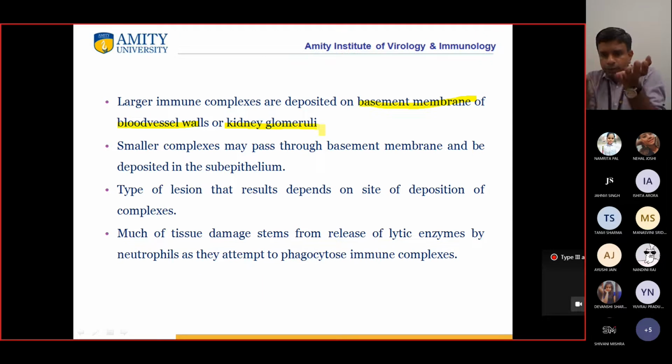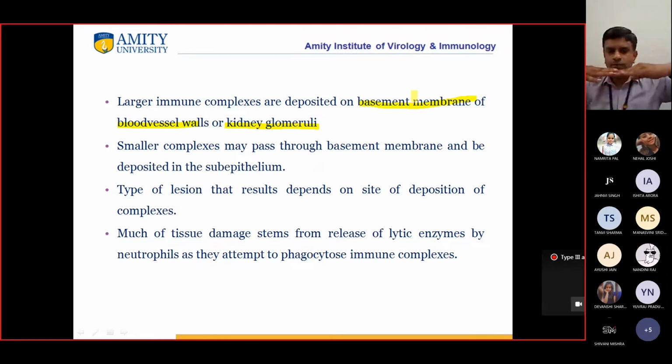Students, you need to understand, these are large immune complexes, they settle on the basement membrane. Whereas the smaller complexes will pass through the basement membrane and get deposited in the subepithelium.